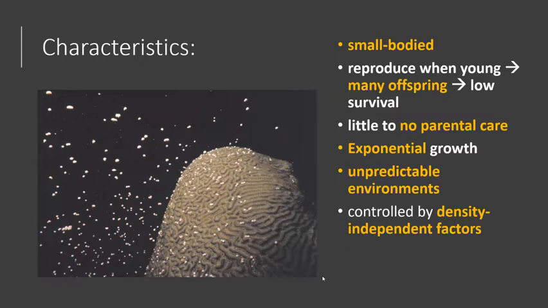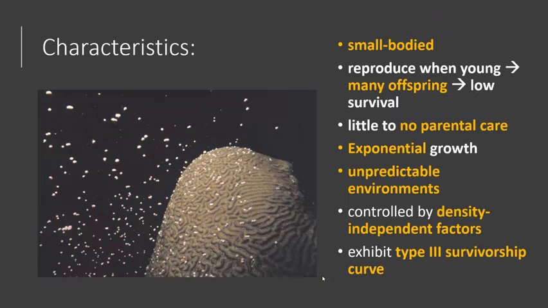We will talk about density-independent factors, but these are factors that don't depend on the size of a population or how it is distributed. An example of a density-independent factor would be a natural disaster like a volcanic eruption or a hurricane that affects all members of a population equally, regardless of how densely they are concentrated.